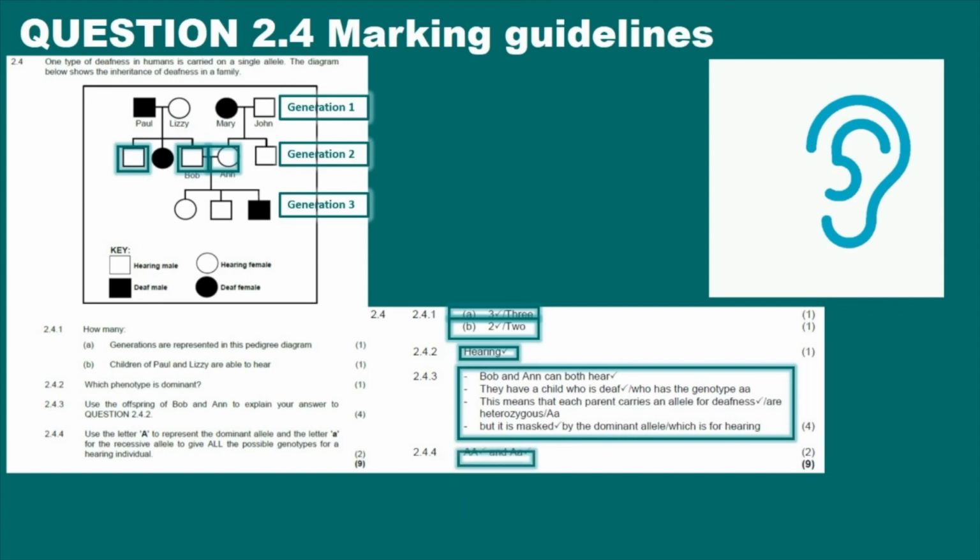It's important to remember that hearing is dominant. So if someone is homozygous for hearing, it will be a capital letter A and a capital letter A. If someone can still hear but they are heterozygous for hearing, it means that they have a capital letter A and a lowercase a.